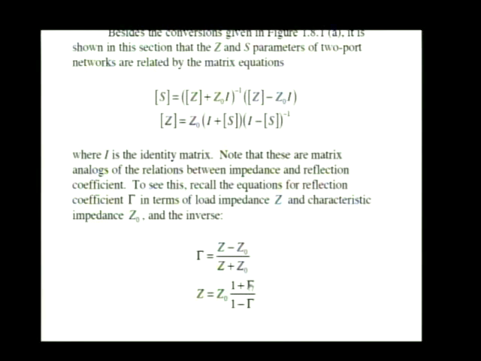So we have Z0 times 1 plus gamma divided by 1 minus gamma, or Z0 times 1 plus gamma times 1 minus gamma inverse, where 1 now means the identity matrix, and gamma is now the scattering matrix.